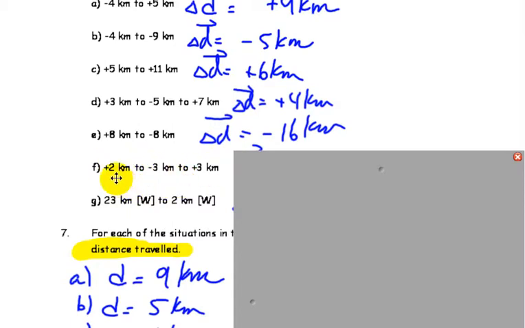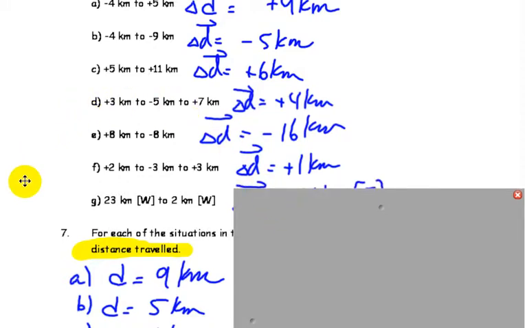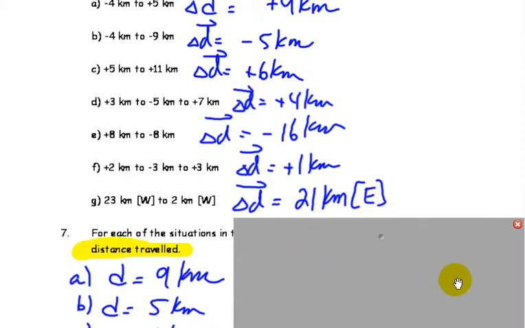So in the grand scheme of things, start to finish is only positive 1. Because you started at 2, went to negative 3, but ended up at 3. So we're only concerned about difference from final and initial. And lastly, you're going from a position 23 kilometers west of some area to 2 kilometers west of some area, so that's 21 east. You're going from far west, moving to the 2 kilometer west position.